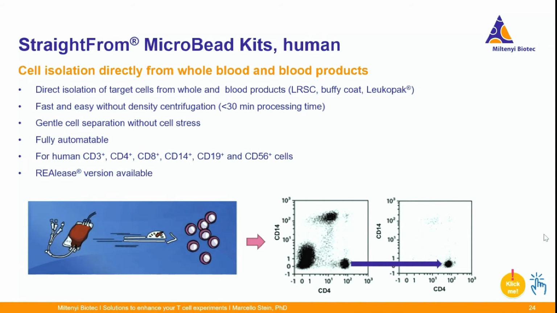StraightFrom is here the ideal solution, a fast and flexible positive isolation approach that allows to isolate different cell types from the same sample with minimal loss due to the skipping of density gradient centrifugation. This makes StraightFrom technology also ideal for the isolation of T cells, for example, in the field of CAR T cell research.